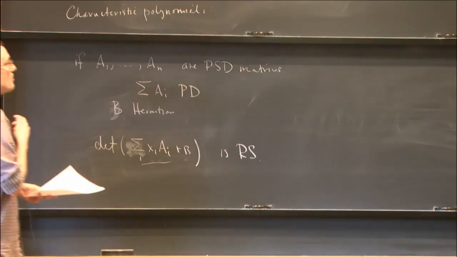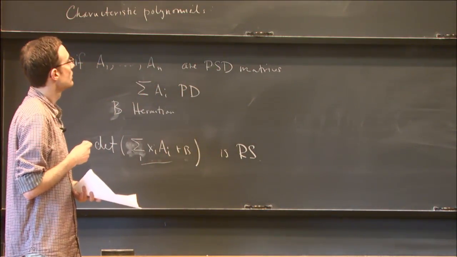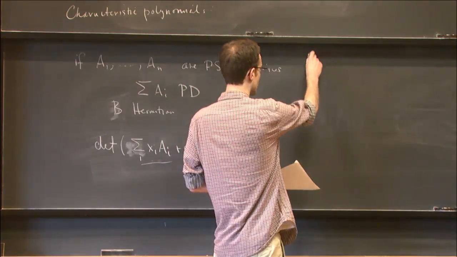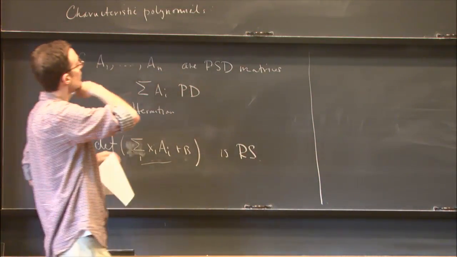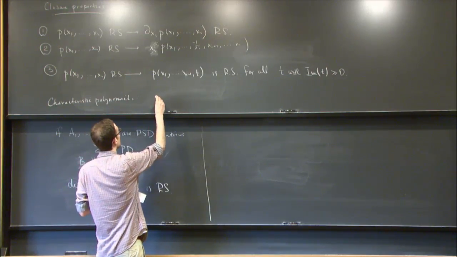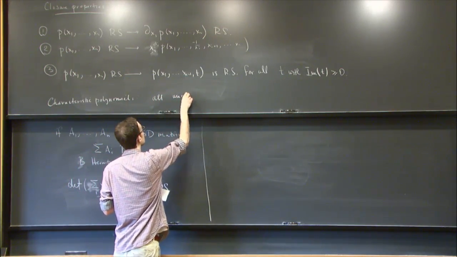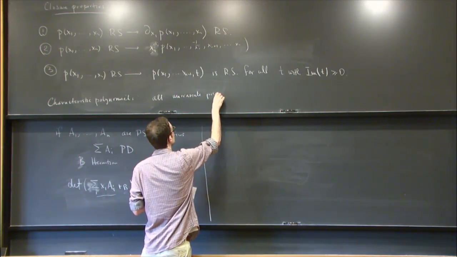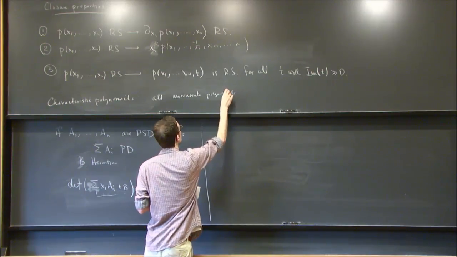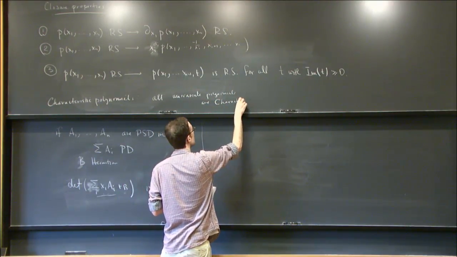And in fact, one of the main useful results in this area is that, here, all univariate polynomials are characteristic polynomials.